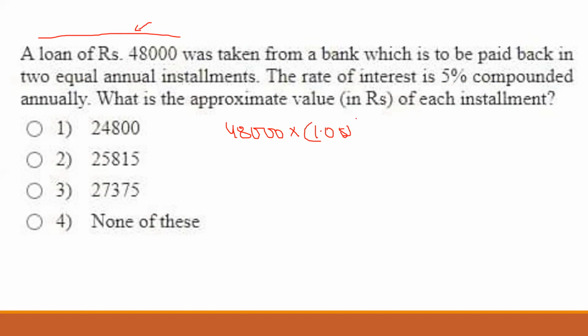Two installments means time here will be square, and this part x common. First installment will be of 1.05, next will be 1, simply x. So x equal to, calculate this upon this, will be somewhat equal to this.